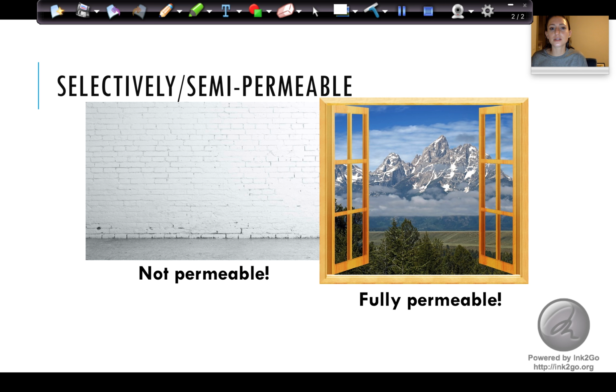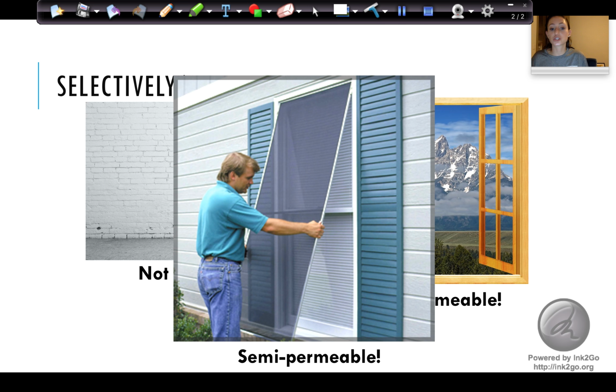So now if we had to go somewhere in the middle, something that is semi-permeable that we see in real life, I'll give you one example. I think of a screen door. That is semi-permeable. Only some stuff can go through. For example, water and air. The whole point of this screen door is to stop the insects or the bugs.